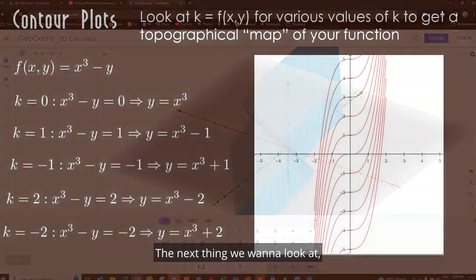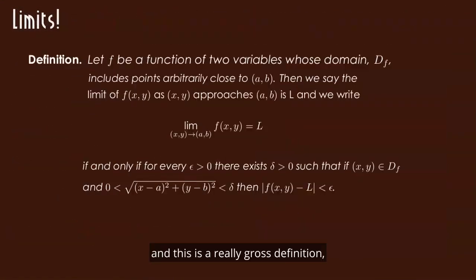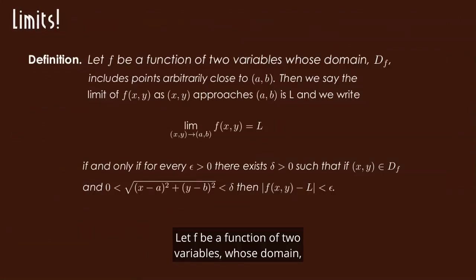The next thing we want to look at, because this is calculus, is limits. And this is a really gross definition, but it's the official definition, so I'm going to read it to you. Let f be a function of two variables whose domain, D of f, includes points arbitrarily close to the point (a,b).